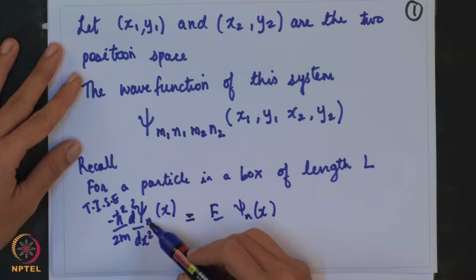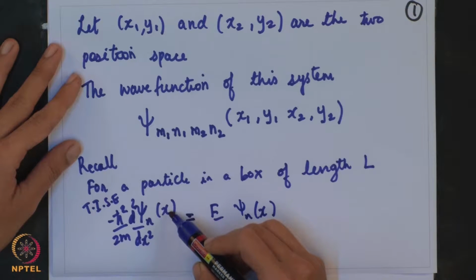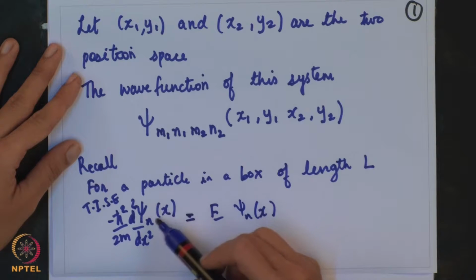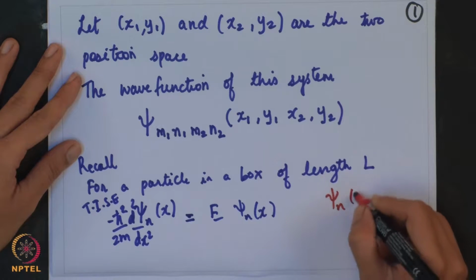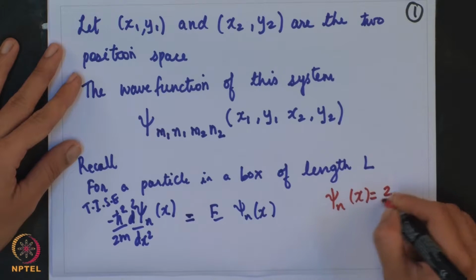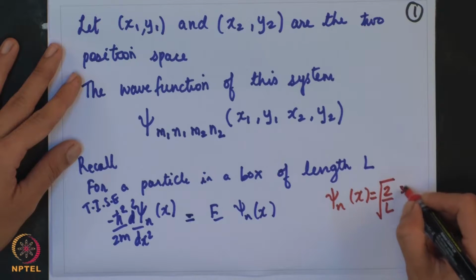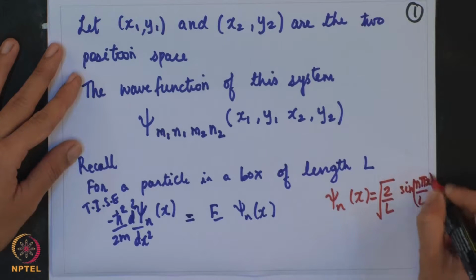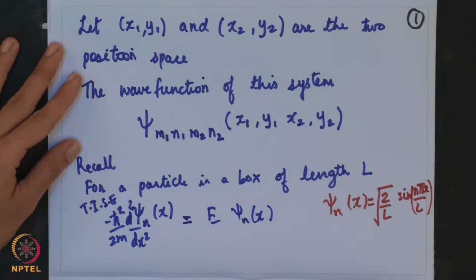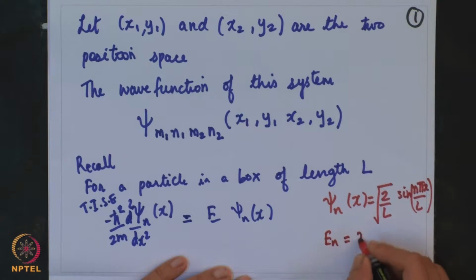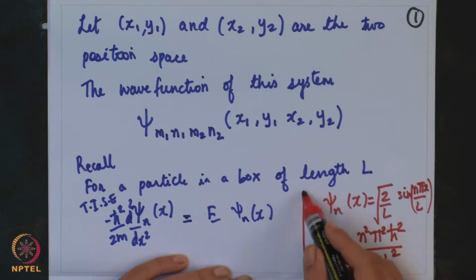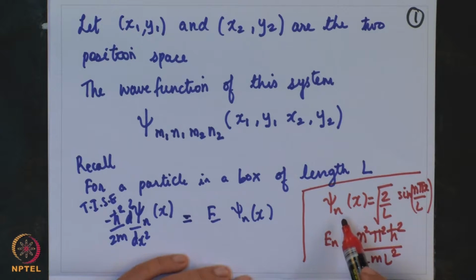Here n is the quantum number, x is the coordinate space. So, for a one dimensional particle we have the wave function psi n x equal to square root of 2 by L sin n pi x by L. And the corresponding energy is given by n square pi square h cross square upon 2 m L square. So, psi n is the solution of this equation and E n is the corresponding energy.